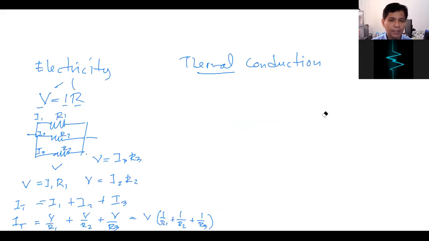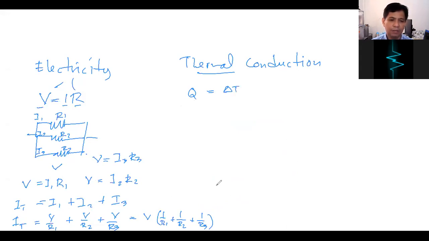Okay. So pag nirelate natin by analogy, yung I total natin, that would be the thermal flux, the heat flux. Tapos yung B natin, that would be the delta T. So itong tatlo na to, ito yung tatlong material.